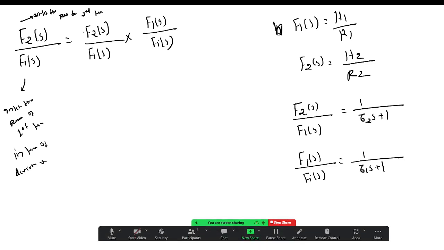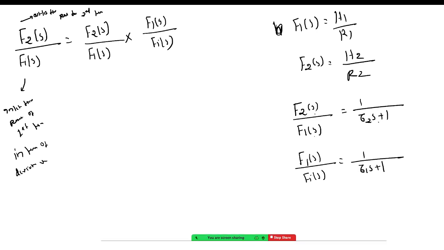So here directly I can write F2s divided by FIS is equal to 1 upon tau 2s plus 1 multiplied with 1 upon tau 1s plus 1.